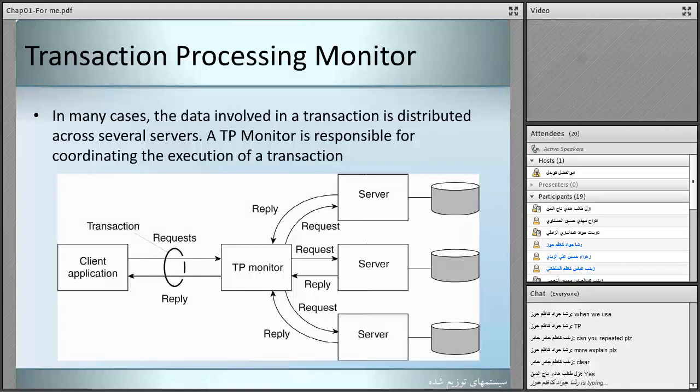They store different data. Exactly, because we want to prevent bottleneck. We want to prevent bottleneck and also to increase security, and so we use decentralized data. Okay, very good.